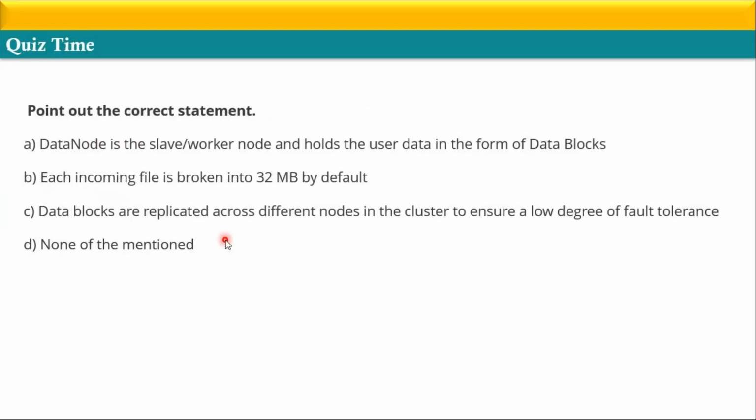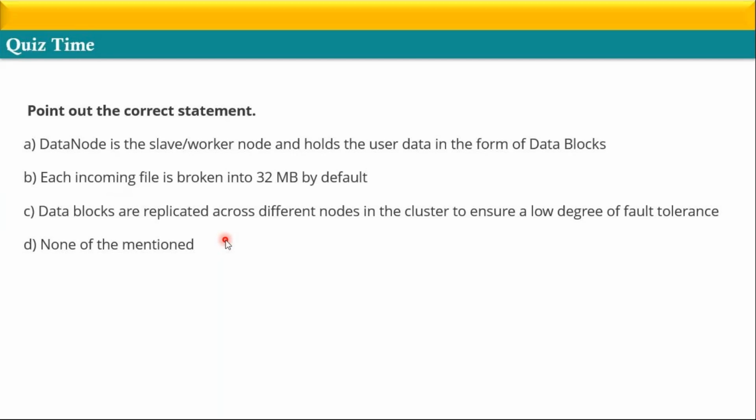Moving further, you just need to point out the correct statement. A: Data node is the slave worker node and hosts the user data in the form of data blocks. B: Each incoming file is broken into 32 MB blocks by default. C: Data blocks are replicated across different nodes in the cluster to ensure a low degree of fault tolerance.